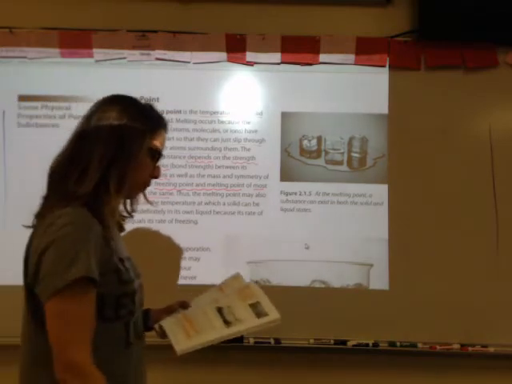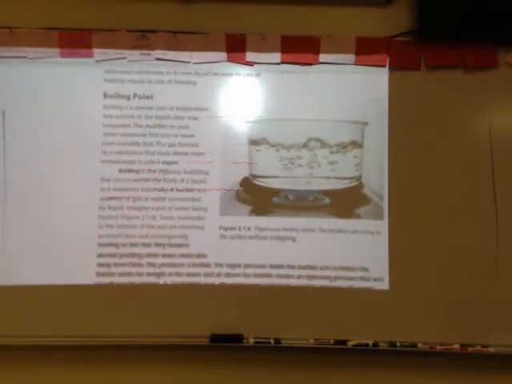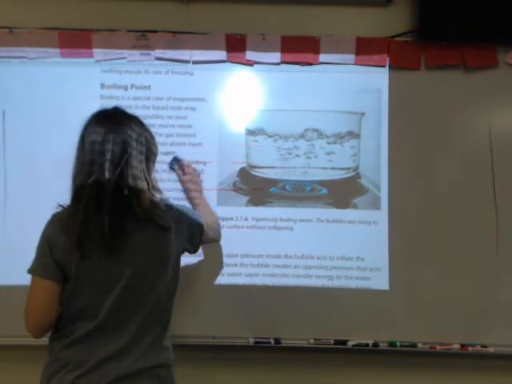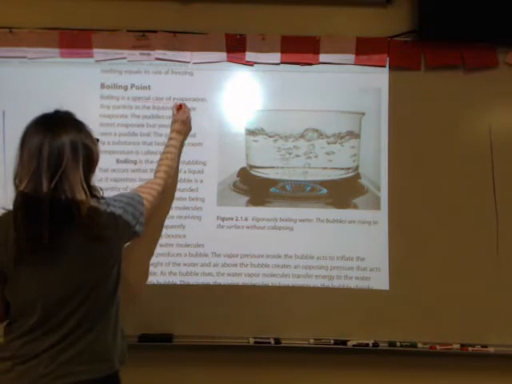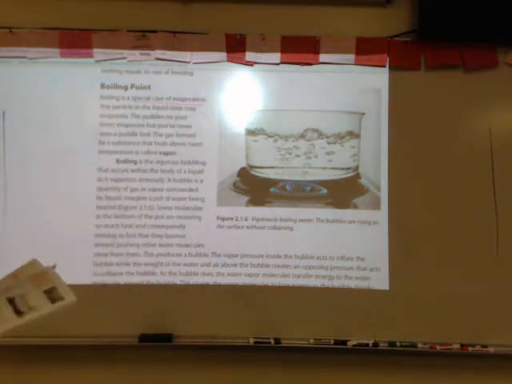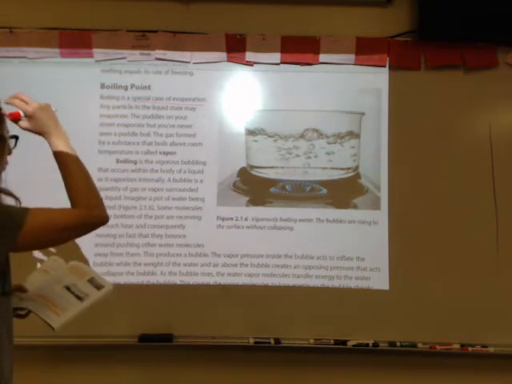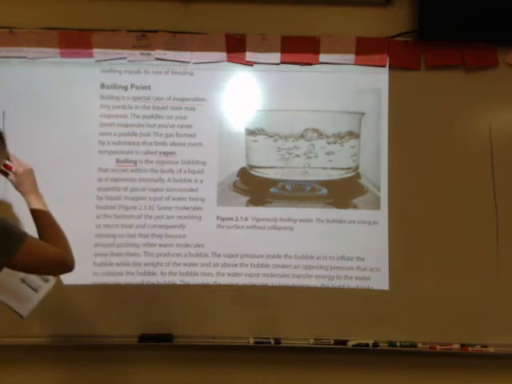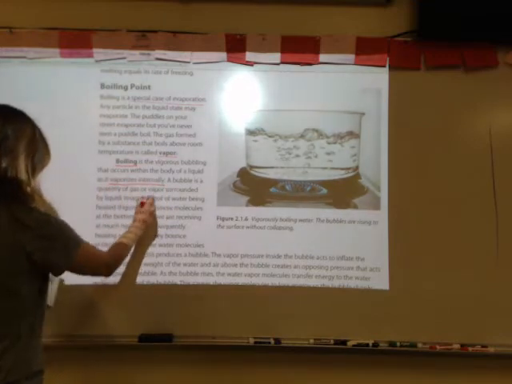Let's talk about boiling point. So boiling is a special case of evaporation. And the gas formed by a substance that boils above room temperature is called vapor. And boiling is when we have this vigorous bubbling that happens within a liquid as it internally vaporizes.